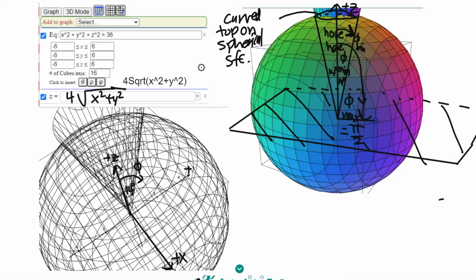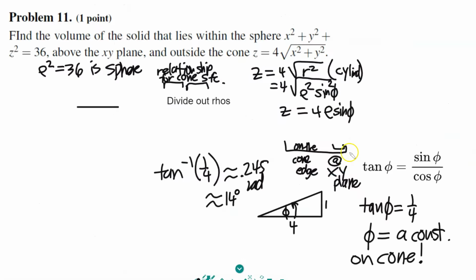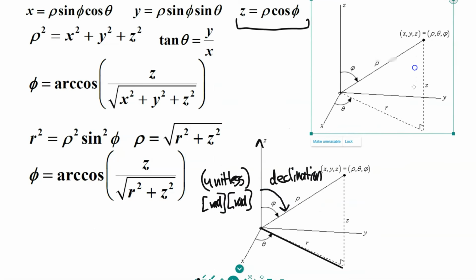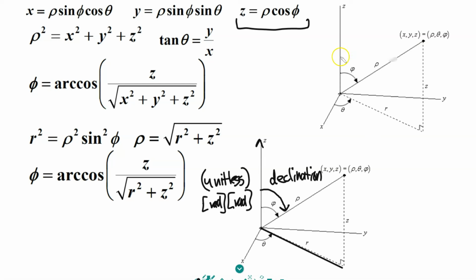Let's go back to this diagram for a second. Notice that if phi goes all the way down here to the xy plane, then phi maximum is equal to pi over 2.